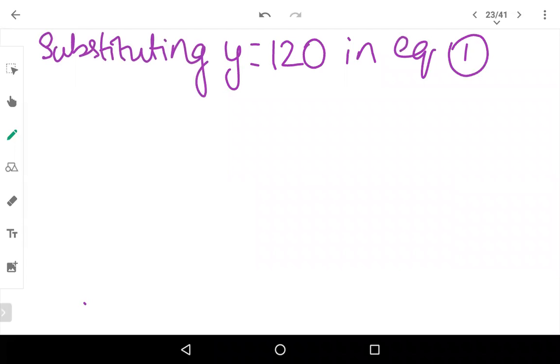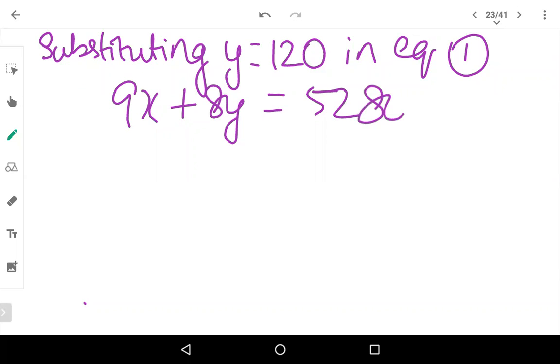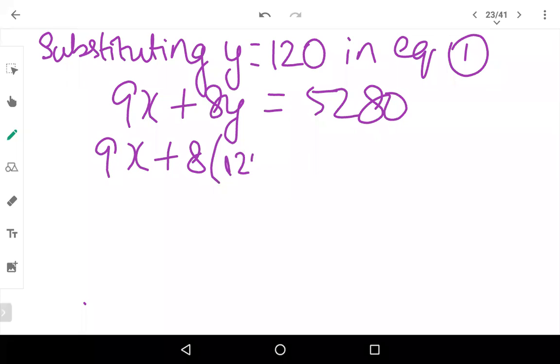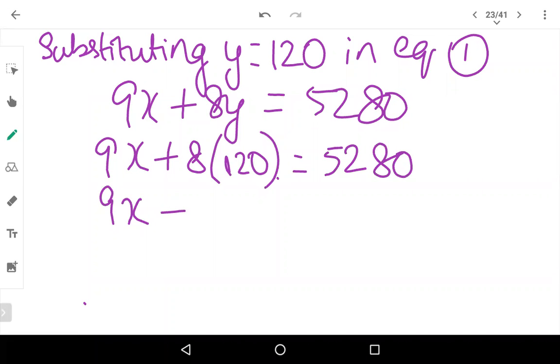So what is equation 1? 9x plus 8y is equal to 5280. Okay, x is equal to 480. Many of them are getting x is equal to 480.